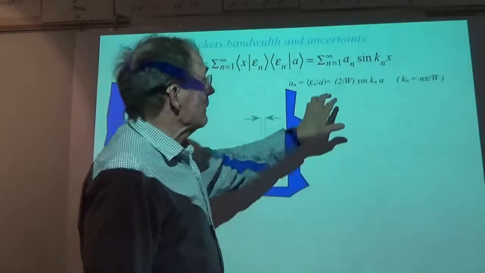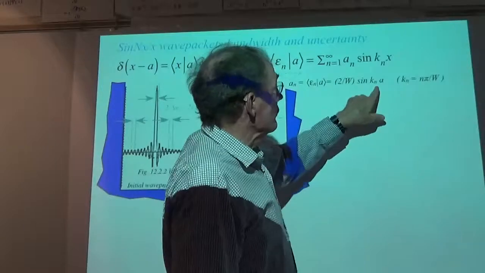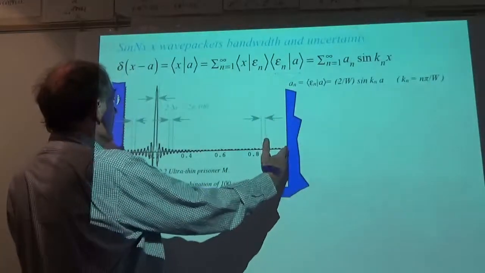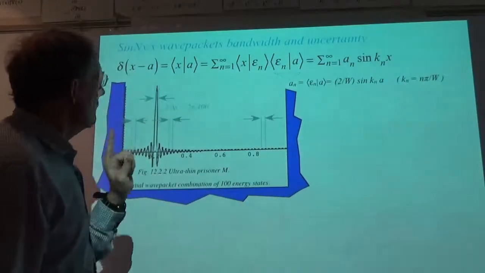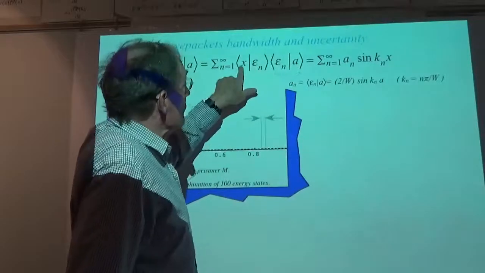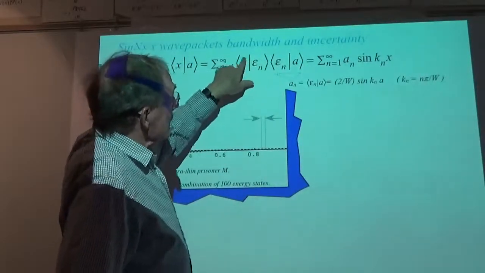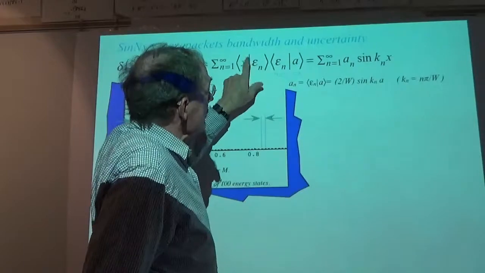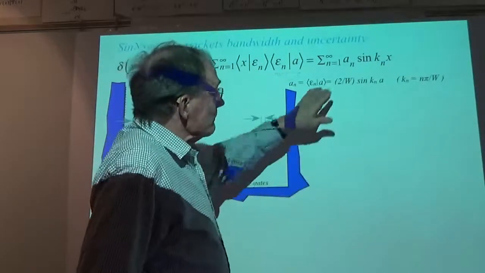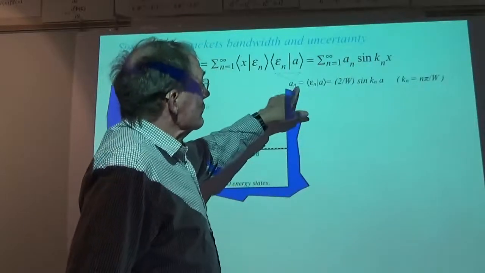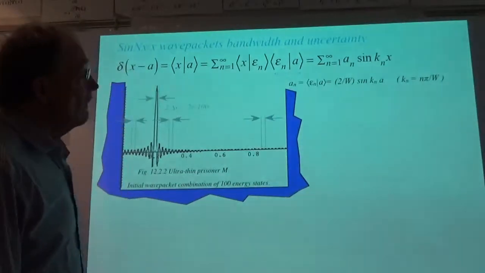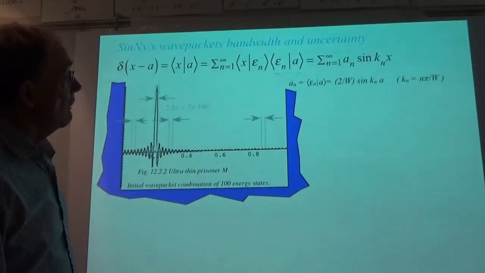I didn't discuss the normalization, but it has a 2 over w, where w is the width. In any case, this is the amplitude of the wave functions, how much of each of these wave functions, sine kx, with the coefficient. That coefficient is just the wave itself with its normalization written.